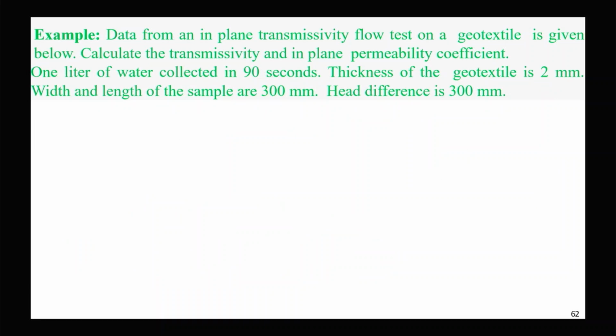Next numerical, only data is changed here. 1 liter water collected in 90 seconds, thickness 2 millimeter, width and length 300 millimeter, head difference 300 millimeter.